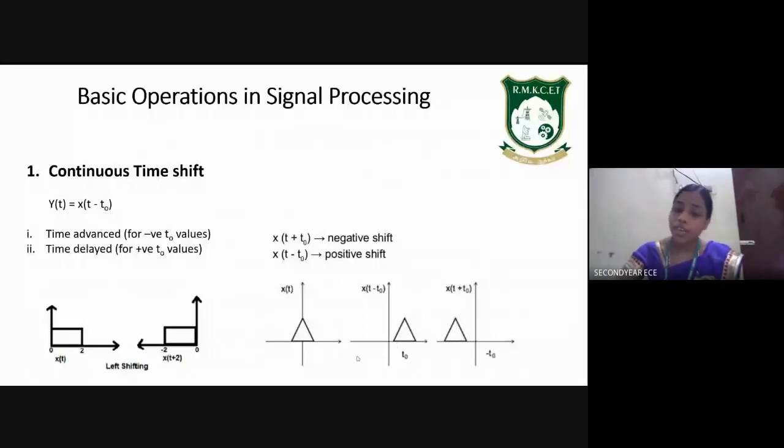And after time t naught we are getting the signal, so we can call it a delayed signal.